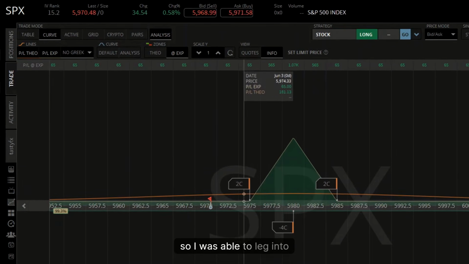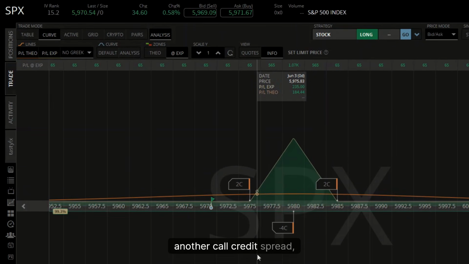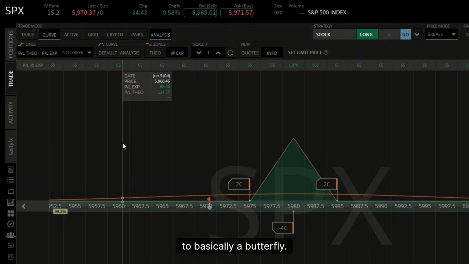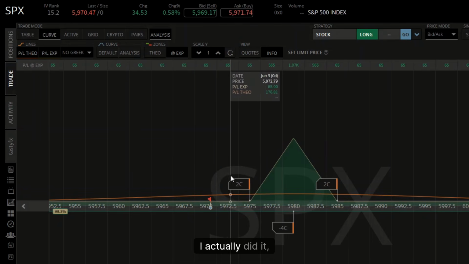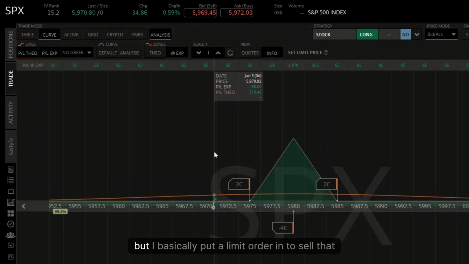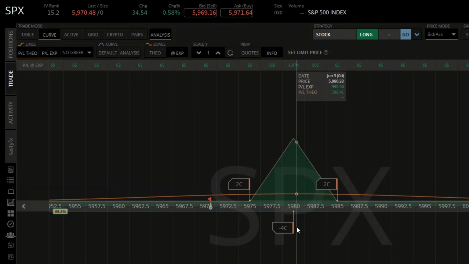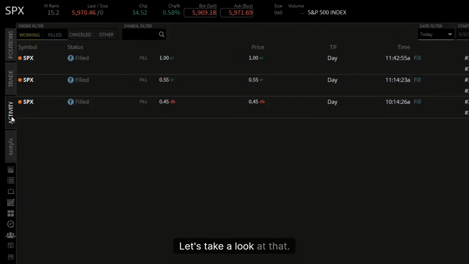All right, so I was able to leg into another call credit spread, converting the entire trade to basically a butterfly. I took this trade earlier. I actually did it, I don't want to say automated, but I basically put a limit order in to sell that additional spread for $1 and it filled. Let's take a look at that.